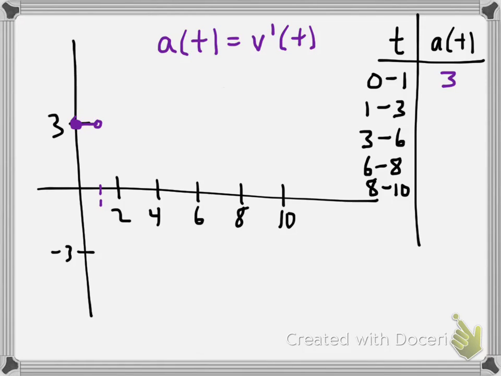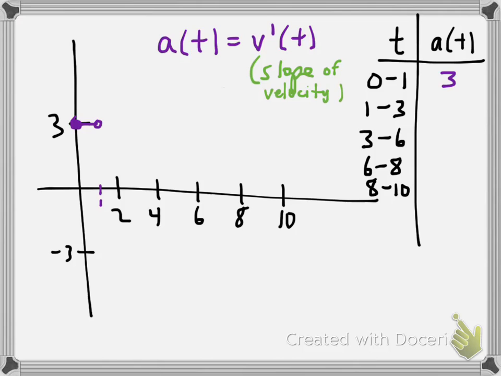I adjusted my chart here to hopefully make it easier for you to understand what the graph of the acceleration would look like. Keep in mind that the acceleration at time t is just the derivative of the velocity at time t. In other words, it's the slope of the velocity curve.